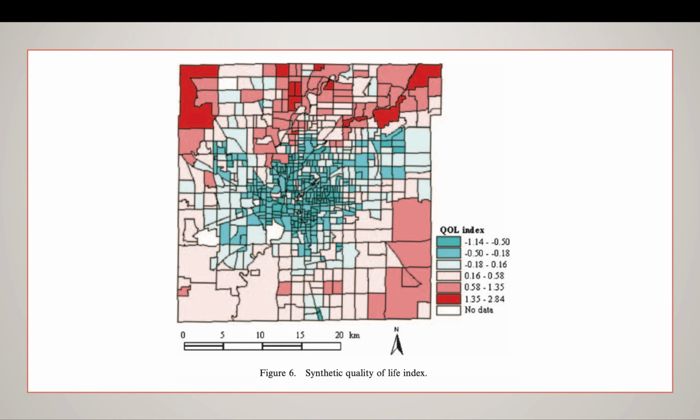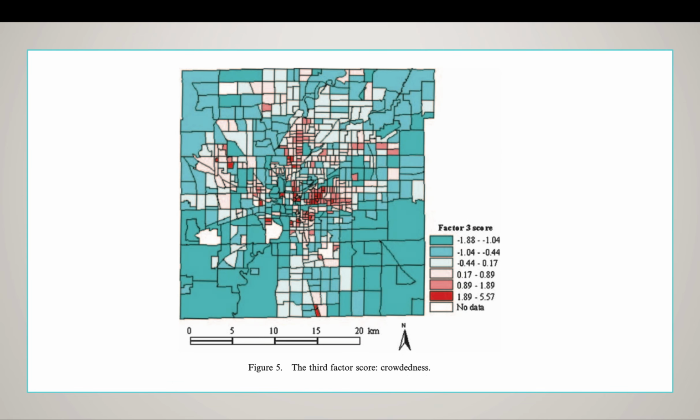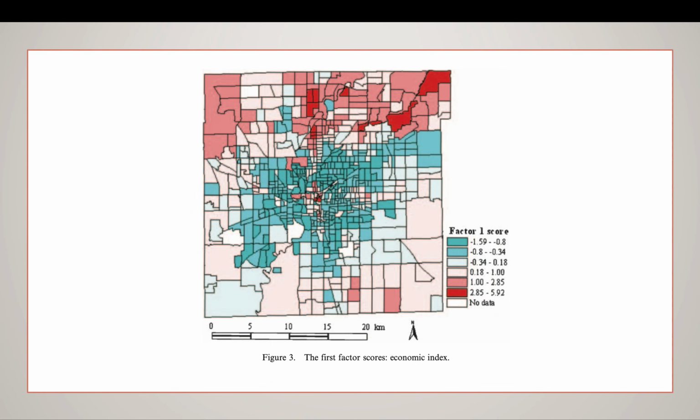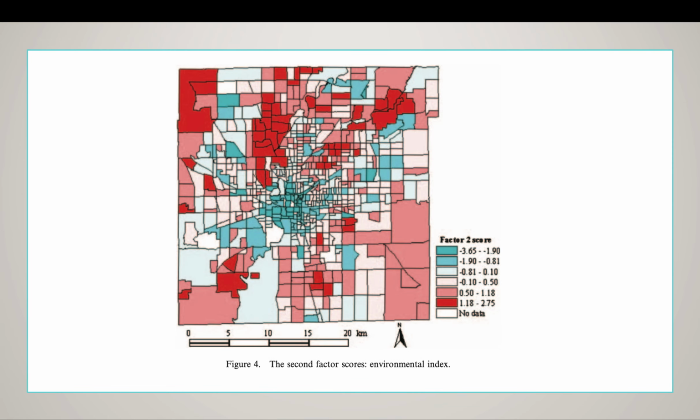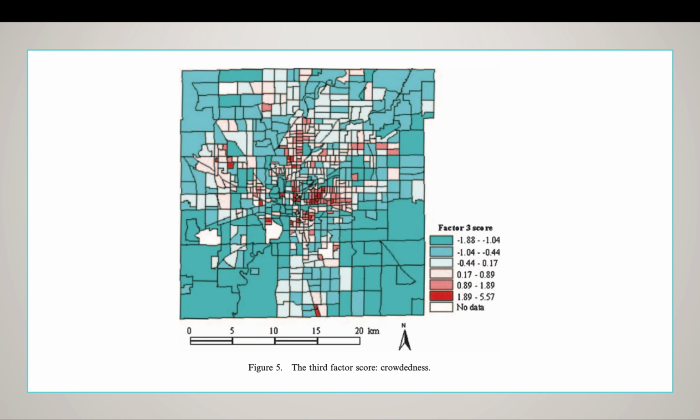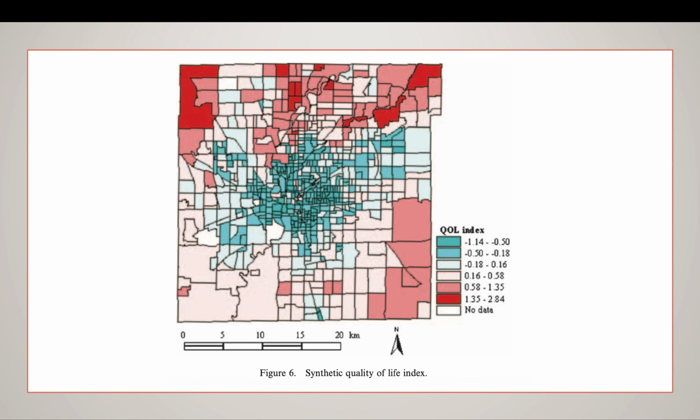And the reason why is, when we go back to all the different graphs, we can see that the area around downtown tends to be the one with the highest income index, the highest environmental index, and the lowest crowdedness. And when we synthesize all those data together, we can see that it makes total sense why the people living around downtown have a high environmental index, make the most money, and the less crowded area tends to be the happiest, or the one that is a better area.